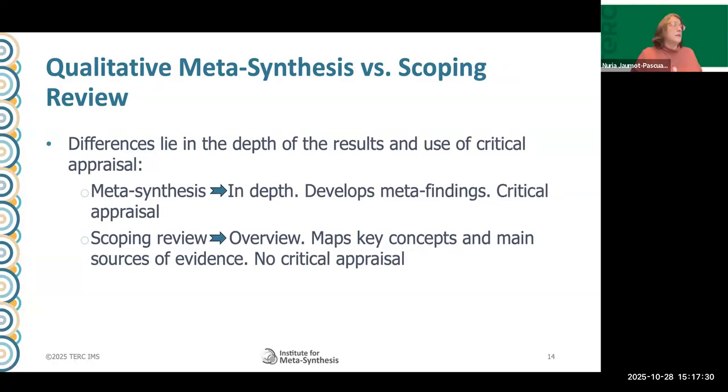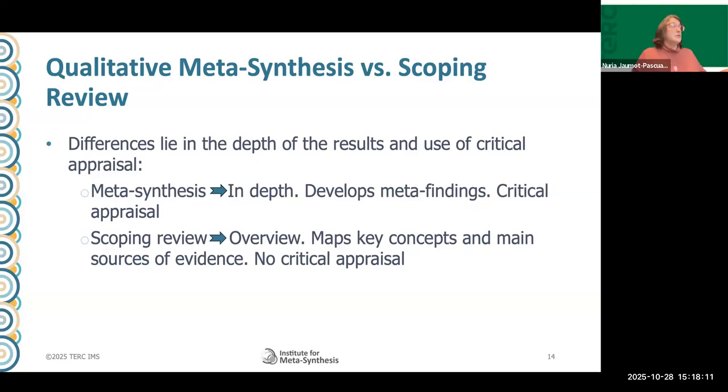Another comparison that we are looking at is qualitative metasynthesis versus scoping reviews. The main differences have to do with whether they look at the quality of the rigor, let's say, of how the studies that are included are done, and the purpose of it. A scoping review aims to rapidly map the concepts underpinning the research topic that you're looking at, and to provide an overview of the main sources and the type of evidence that is available.